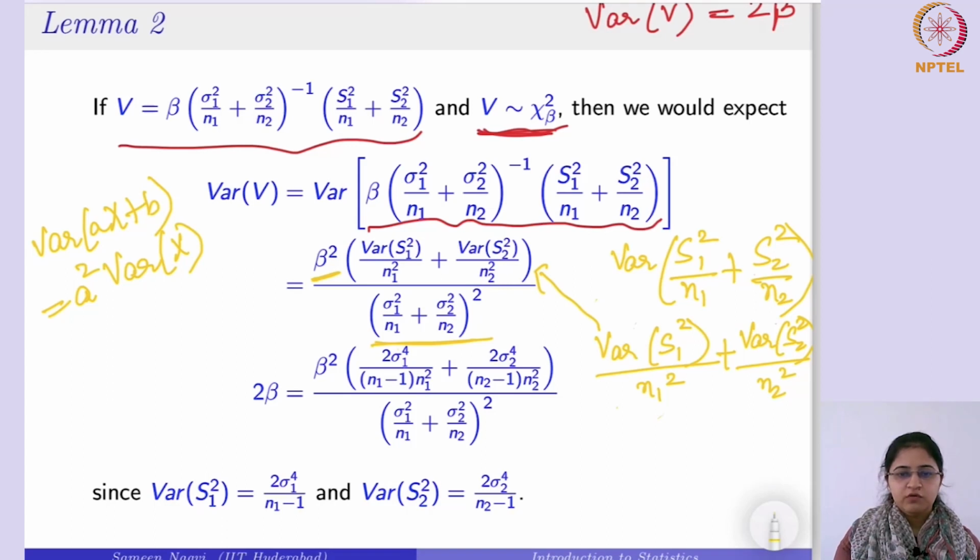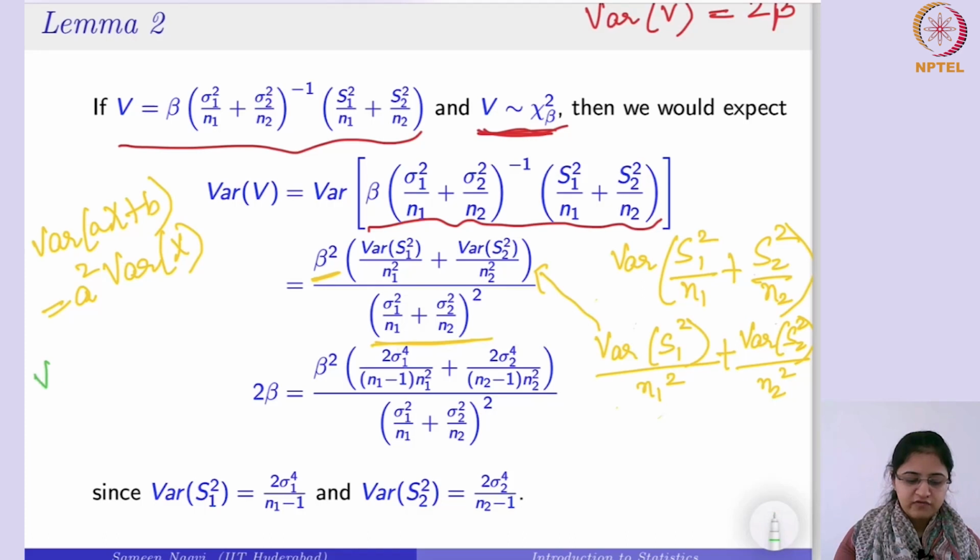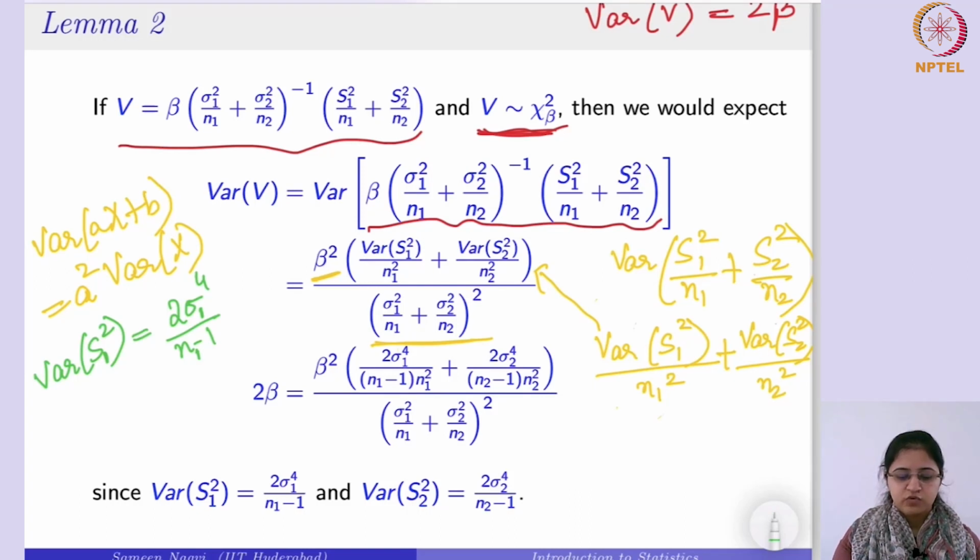Now we have just seen in the first lemma what the variance of sample variance S square is. It would be twice sigma raised to the power 4 over n minus 1. So for S1 square it will be sigma 1 and here you will have n1, and for S2 square all the ones will be replaced by 2's.